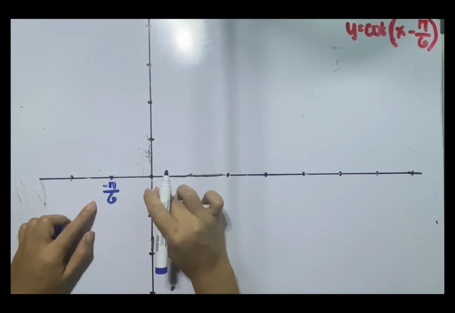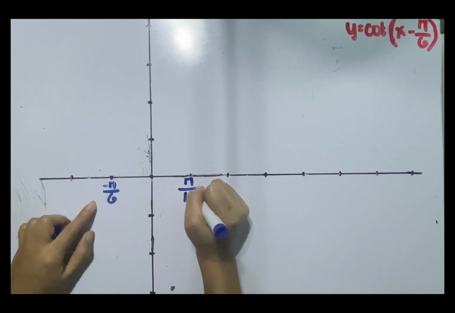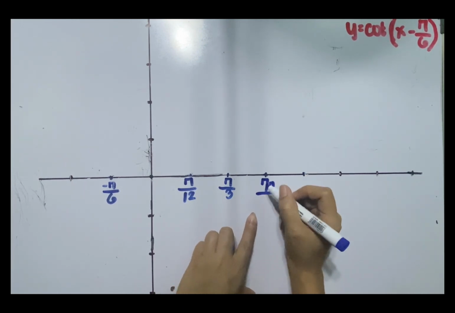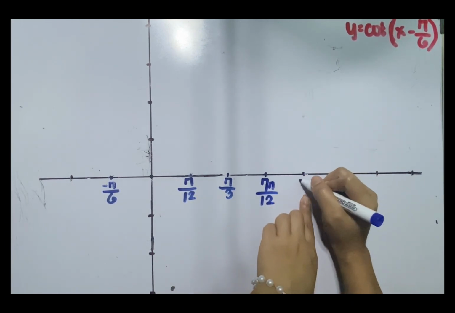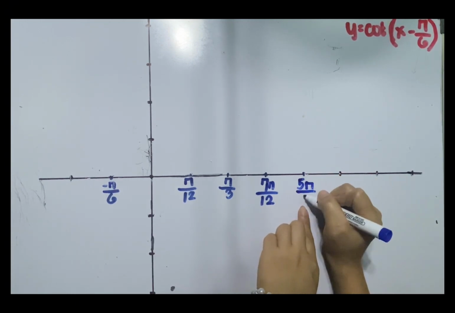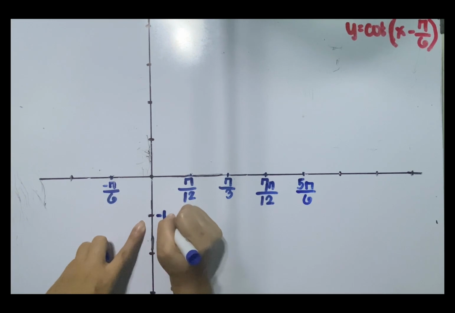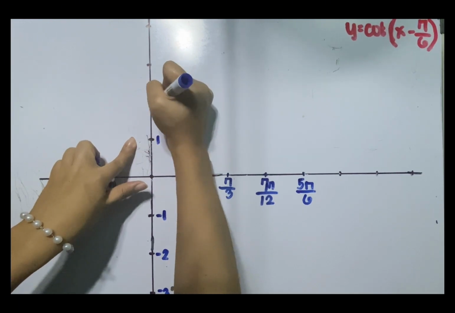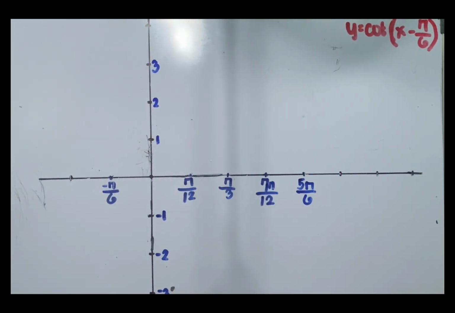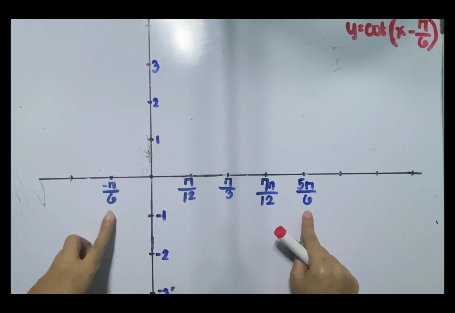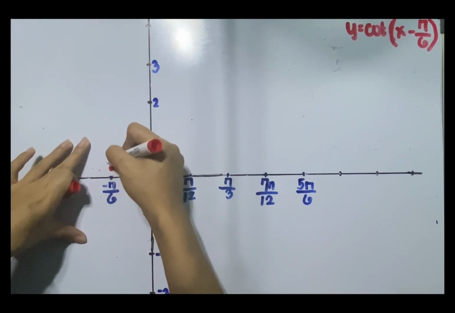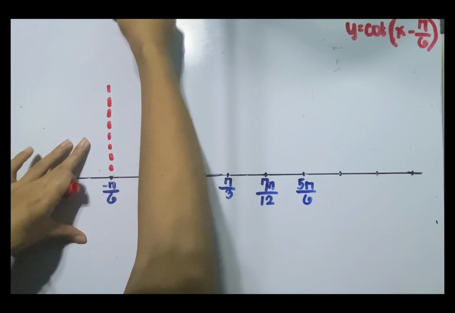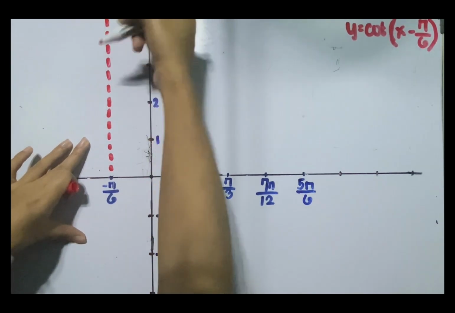We have to put all our x values: negative pi over 6, pi over 12, pi over 3, 7 pi over 12, and 5 pi over 6. Since it's one period only, we have to mark our two asymptotes, from negative pi over 6, and also we have to do this at 5 pi over 6 as well.